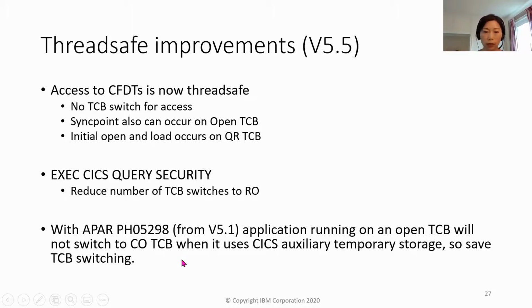The last one is that an application from version 0.5 running on the OpenTCB will stay on the OpenTCB if it uses auxiliary temporary storage. So again, it saves TCB switching, which, as you can see from the earlier chart, would save CPU.